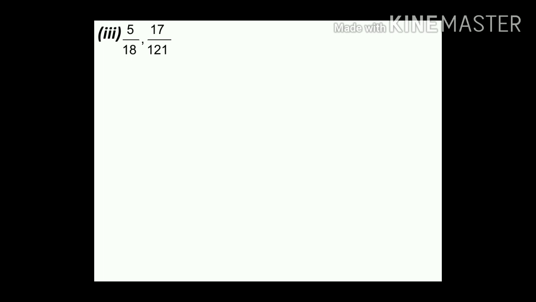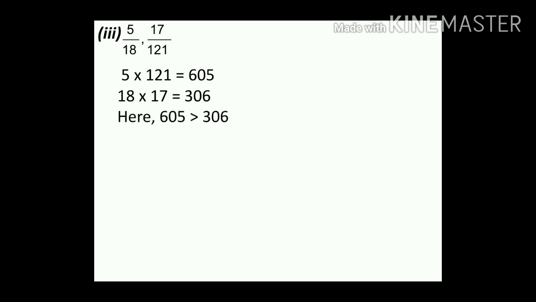Here children, we have to do cross multiplication. 5 into 121 equals 605. Now 18 into 17 equals 306. Now children, we have to compare which one is the greater and which is the smaller. Here 605 is greater than 306. Therefore, 5 upon 18 is greater than 17 upon 121.